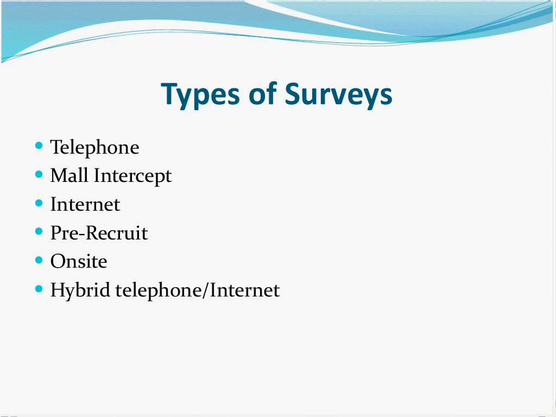And if they do qualify, then these individuals are brought into the research center, sat down, and they sit down with another researcher. Perhaps it's the same one who recruited them, and then they are asked a series of questions. Perhaps they're seated in front of a computer screen and asked to go through it and answer questions on the screen.